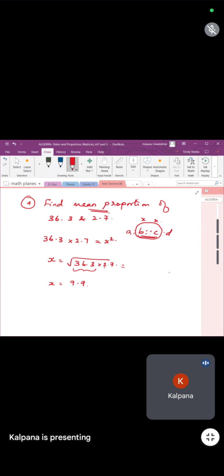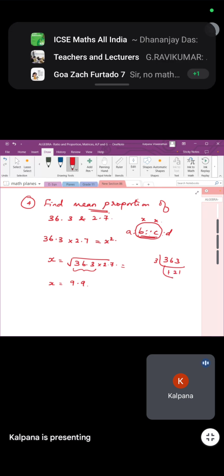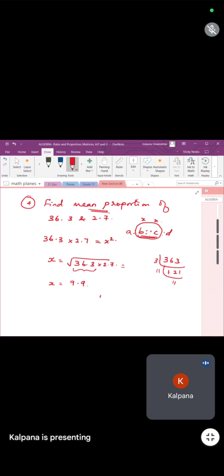So 27 is 3 into 3 into 3, we can write. This one is 363. You can just do the normal prime factorization method, and you can find. So 3, 1 time, 2 time, 121 is 11 into 11. So when you take the square root, this 363 is nothing but 3 into 11 into 11, and 27 is nothing but 3 into 3 into 3.